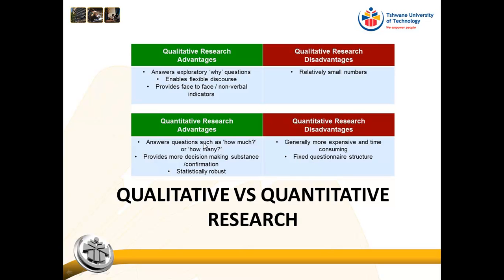So quantitative research asks questions like how much and how many. It provides more decision-making substance and confirmation, and it is statistically robust. This is because we have more data, because we are asking more people, but we are not getting the depth of information, because here we are asking maybe questions on a Likert scale.